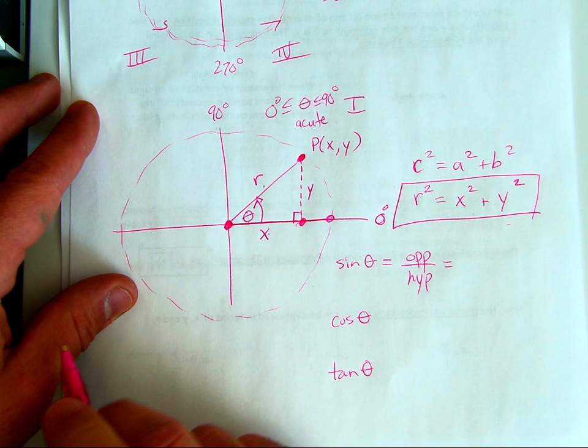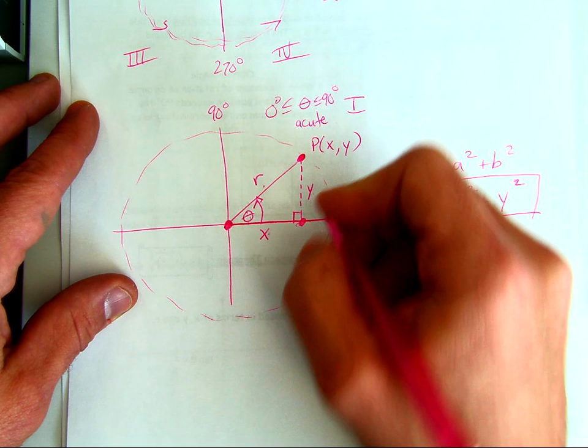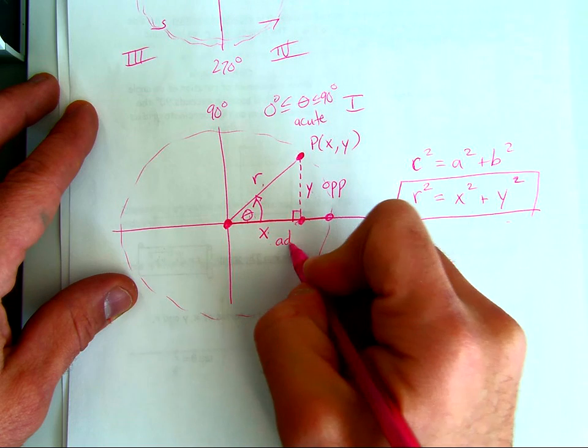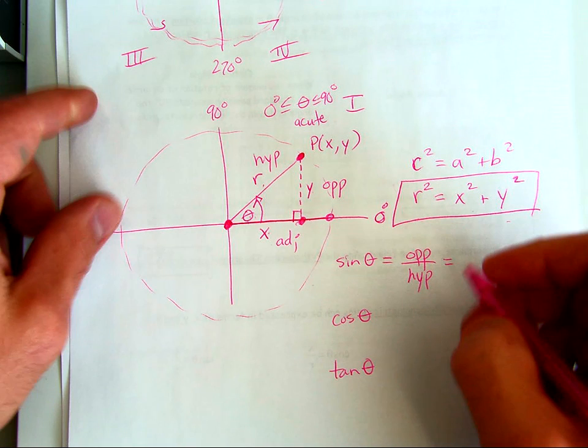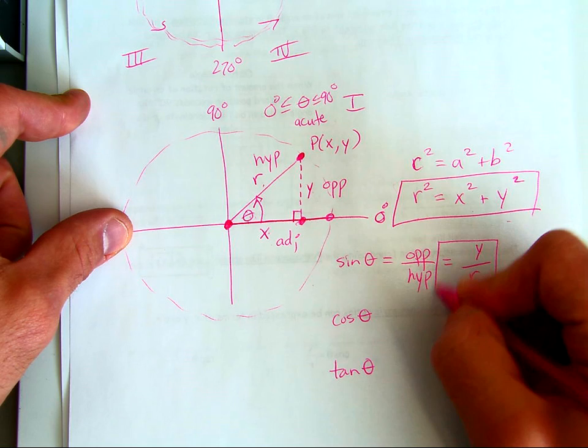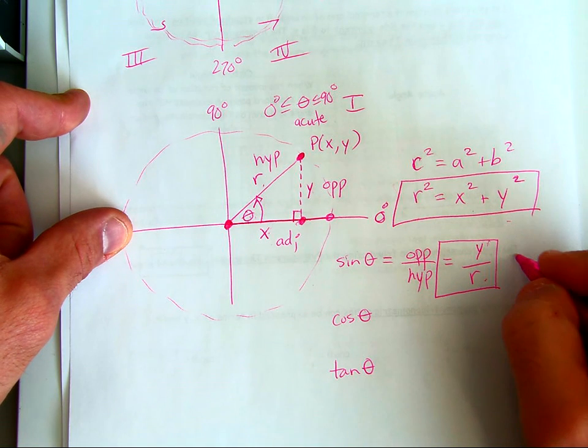So in relationship to theta, your y value is your opposite, your x value is your adjacent, and your r value is your hypotenuse. So sine theta is opposite over hypotenuse, opposite is y, all over hypotenuse is r. And notice both of those things are positive numbers. So sine is positive in quadrant number 1.